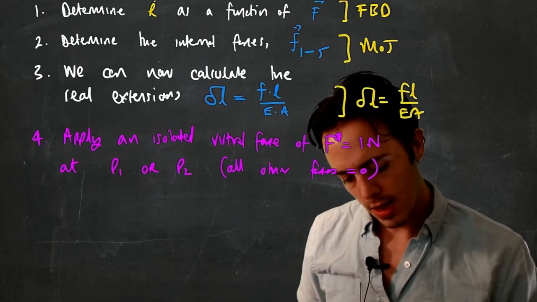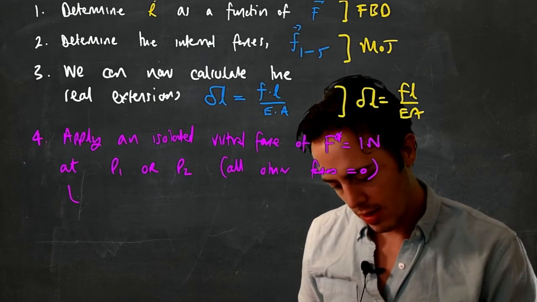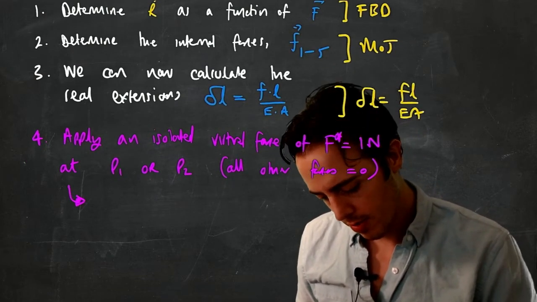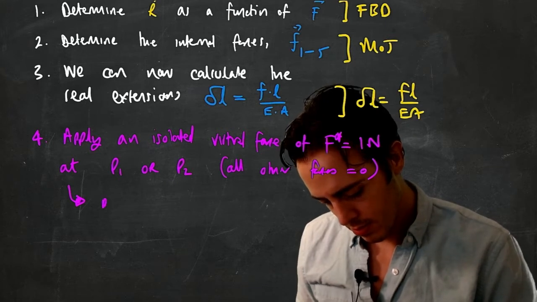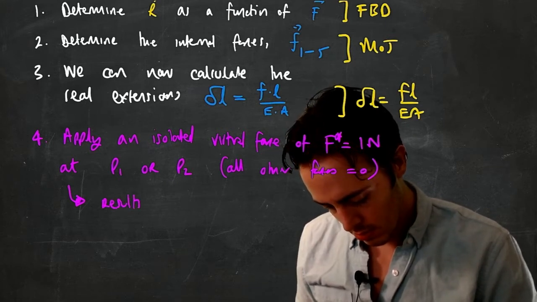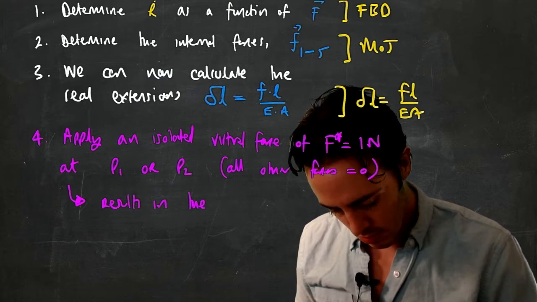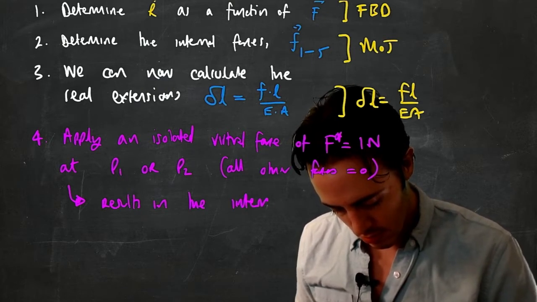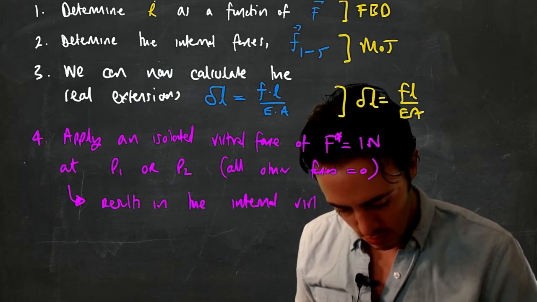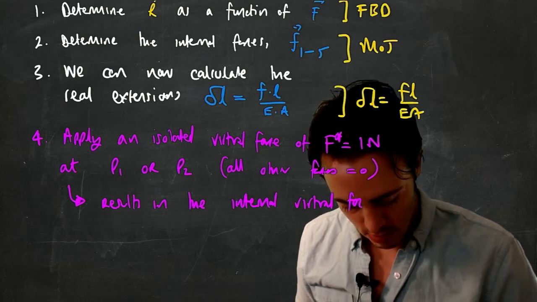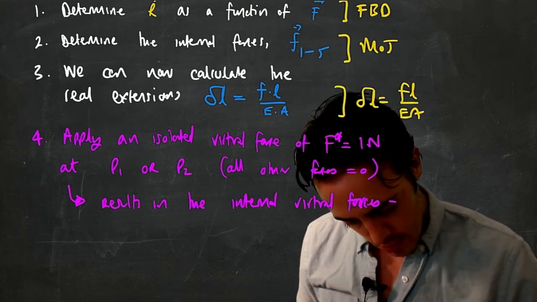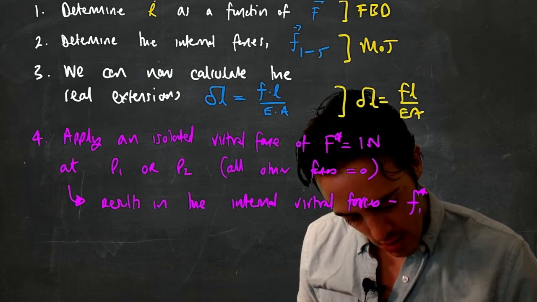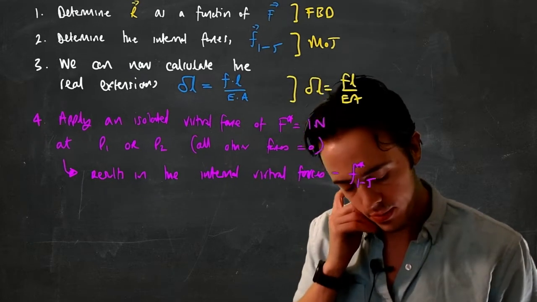Okay, and then once we've got that, this results in the internal virtual forces. We'll call these F star 1 through 5.